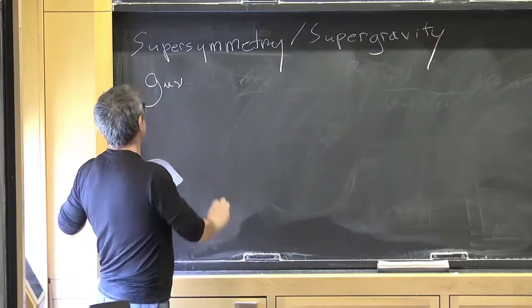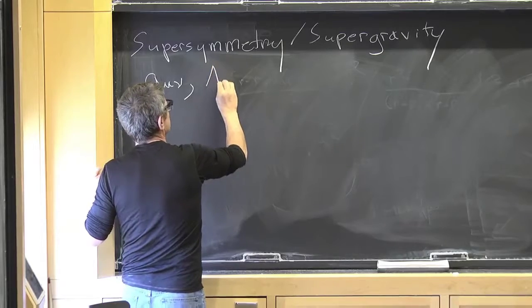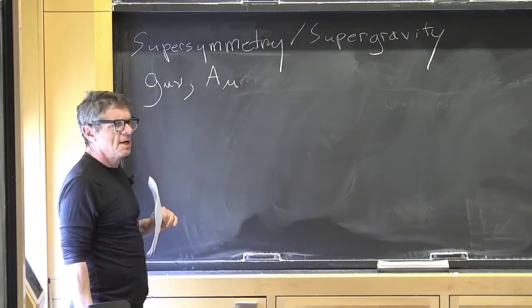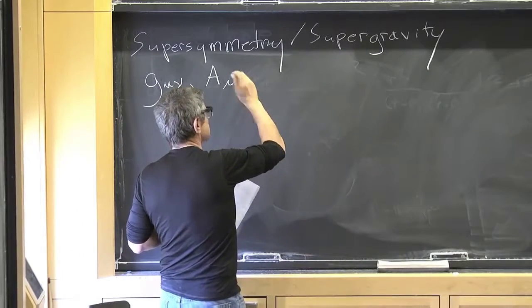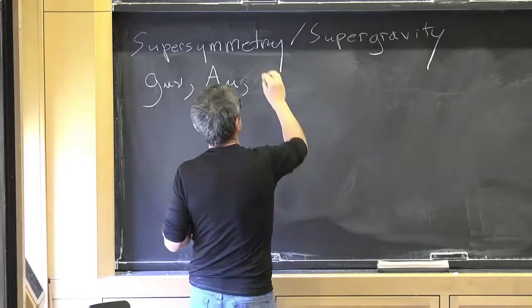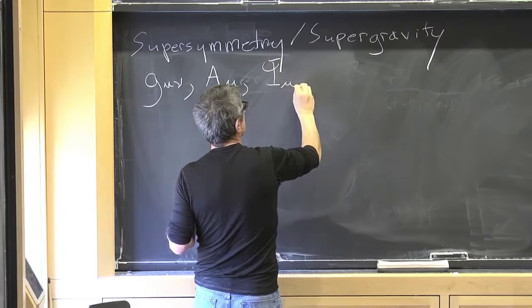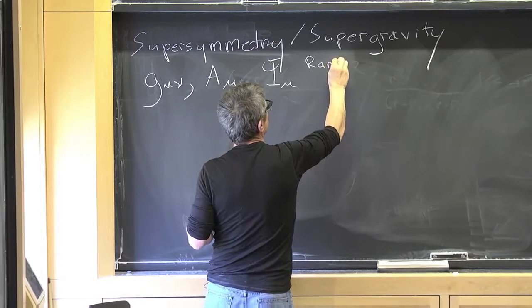Then in Einstein-Maxwell theory, we add another one, A mu. And then in one of the simplest supersymmetric theories, we add a third field, which is a fermion, psi mu, the so-called Rarita-Schwinger field.